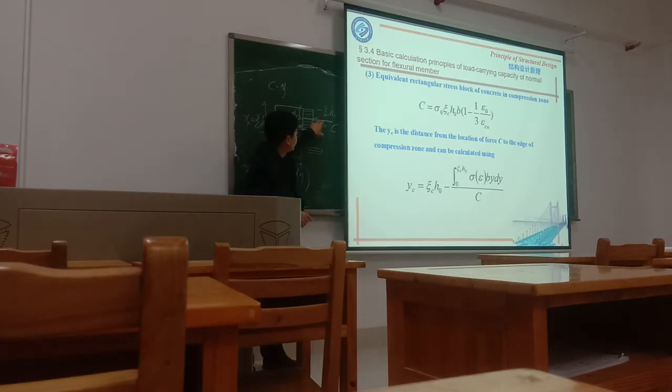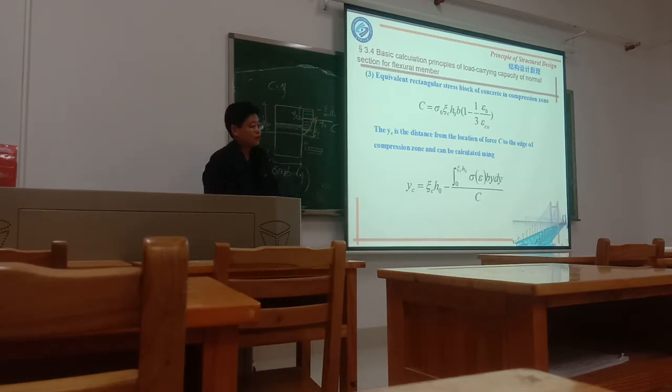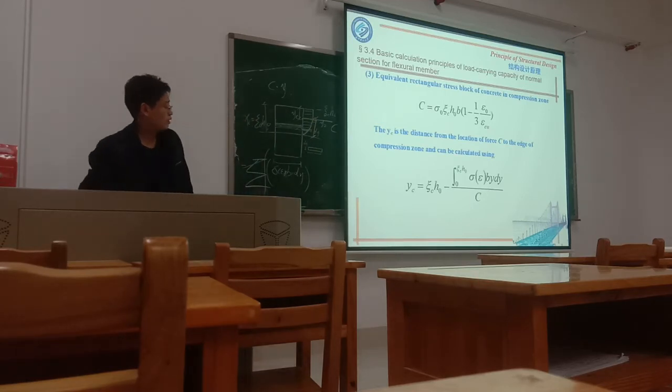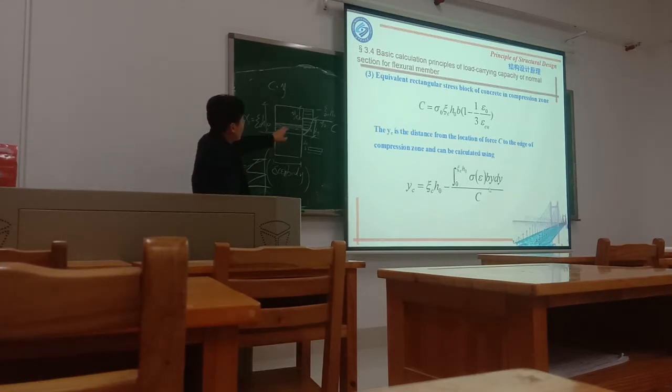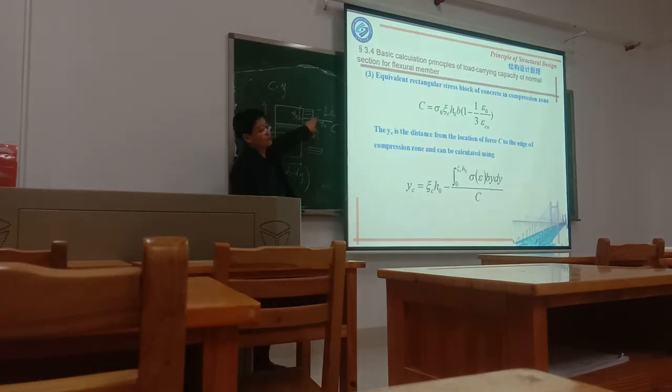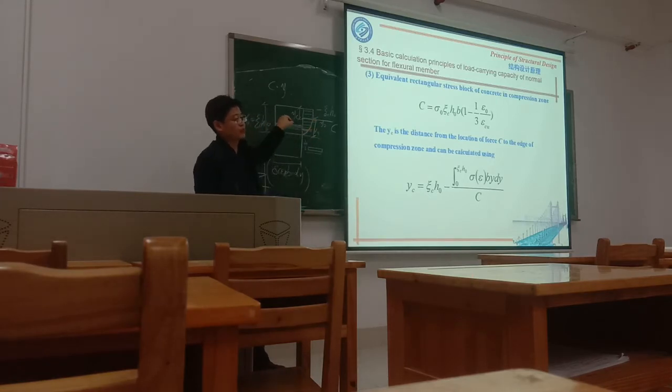Then we can find the action point. So, any question for this formula? For this formula, the key point is to find the action point of this force C, the compression force C.